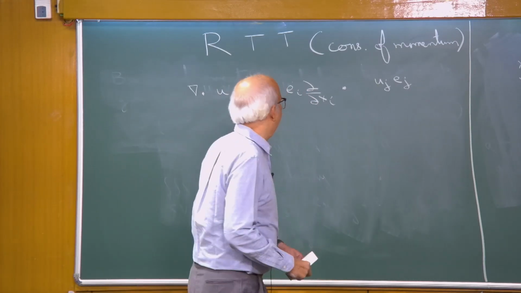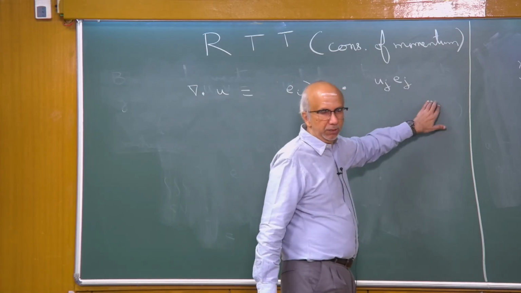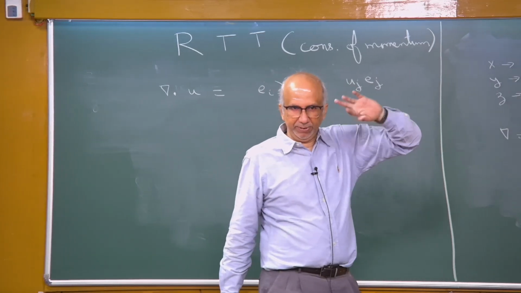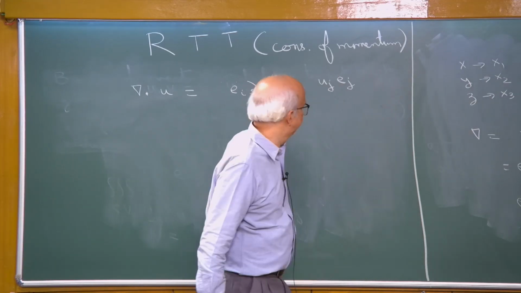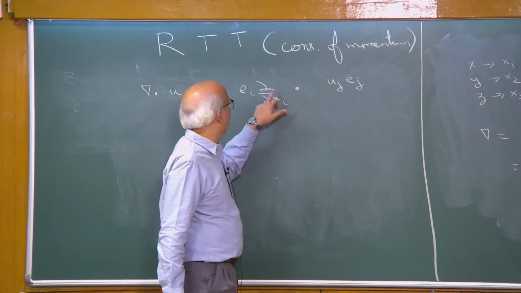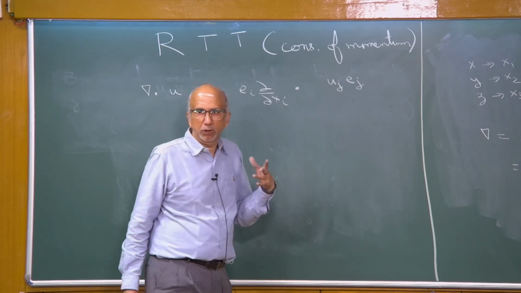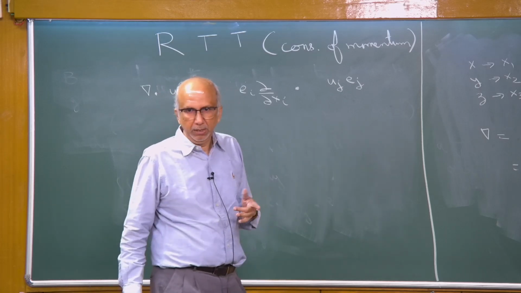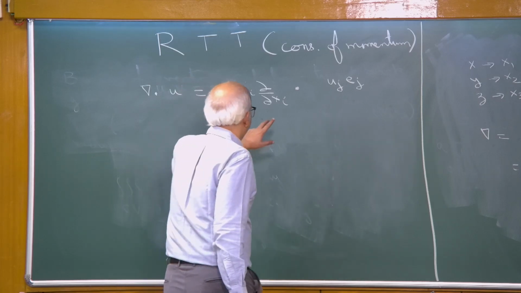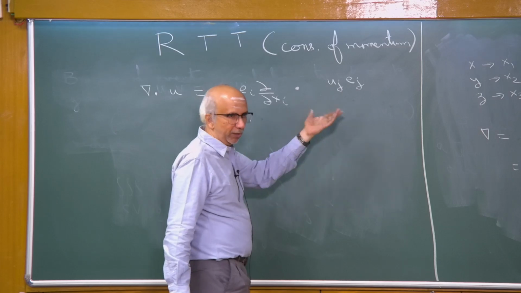This is the del operator summed over 3 terms, and this is the u vector summed over 3 terms, all 3 components are there, and because the index is repeated, it is summed over 3 terms. Again the same funda, this is going to contribute only if i is equal to j. If i is not equal to j, it is not going to contribute, because of the orthogonality of the unit vectors. So basically I have to put i equal to j, it does not matter which one I substitute.